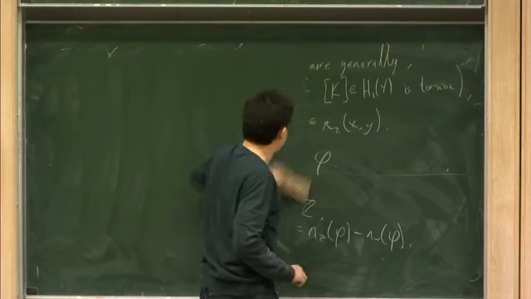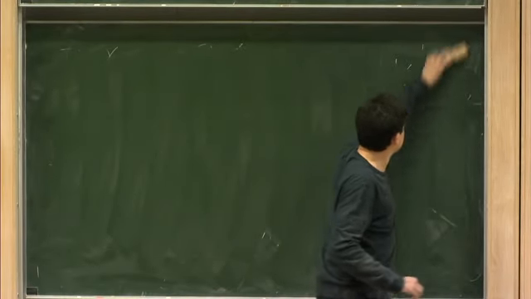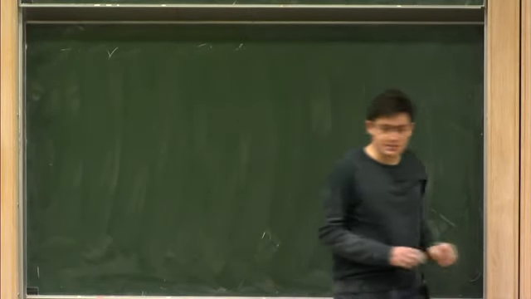Maybe let me just state some properties of this. So I'm going to, just to simplify, well, I guess I don't really need to. I've been saying that K is a null homologous knot.